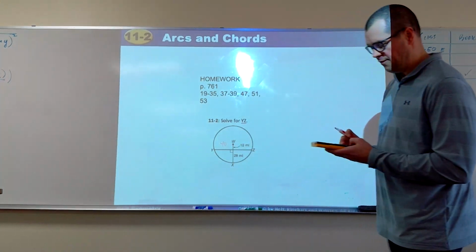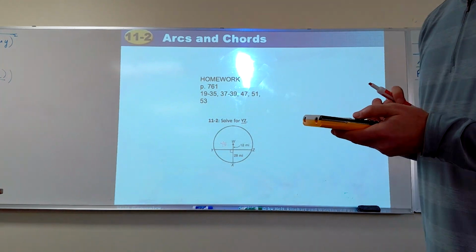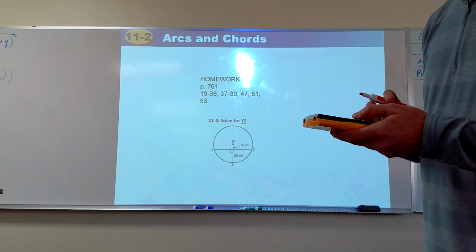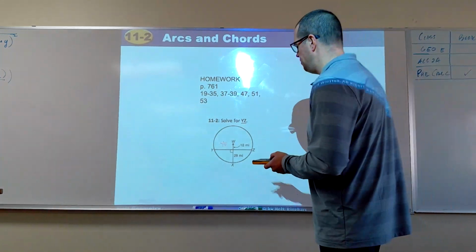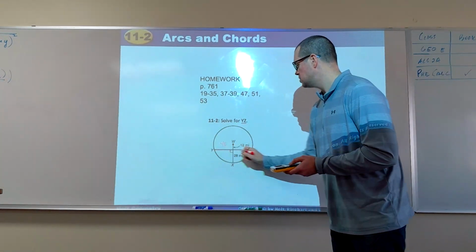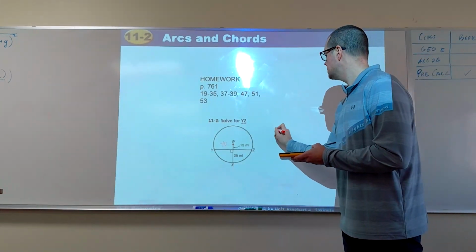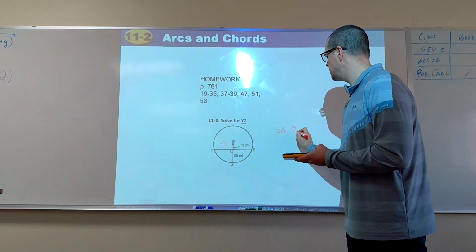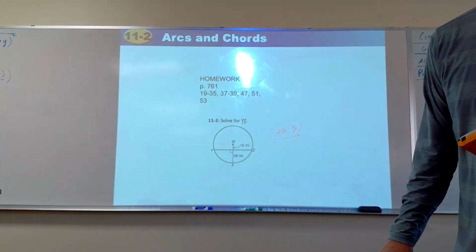So I've got to go 40 squared minus 12 squared. Take the square root. And that gives me 38.15. But that's only from here to here. So to find the whole thing, I take that times 2. 76.3 would be the answer to that problem.